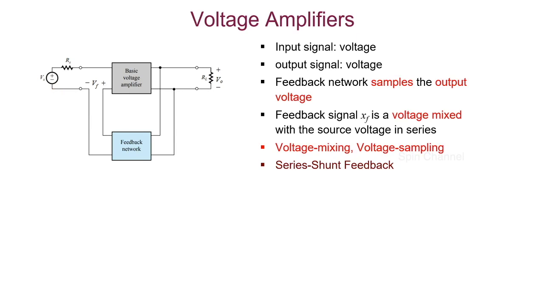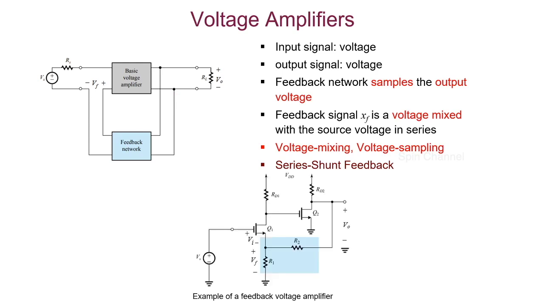Because of the series connection at the input and shunt connection at the output, this feedback topology is also known as Series-Shunt Feedback. An example of Series-Shunt Feedback is a two-stage MOSFET amplifier shown here.